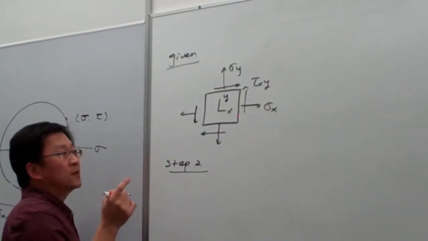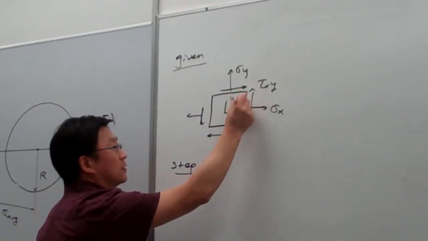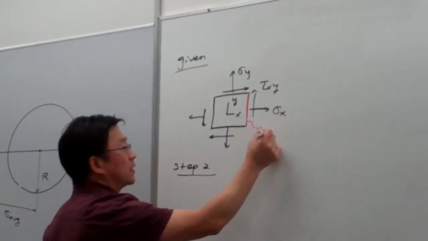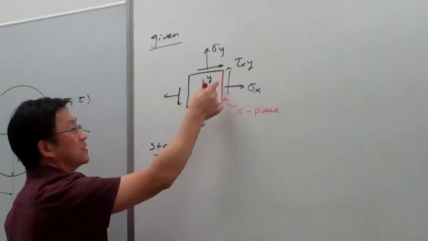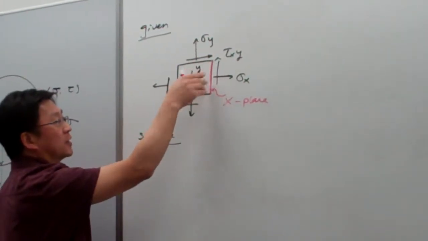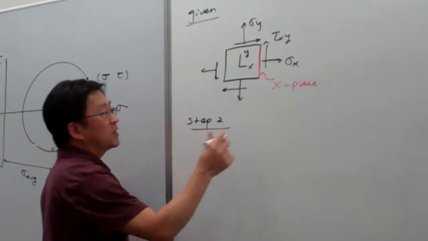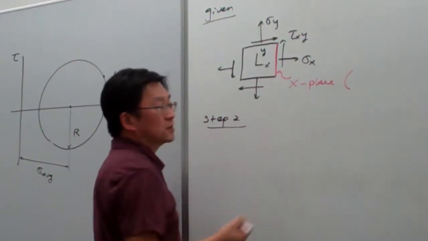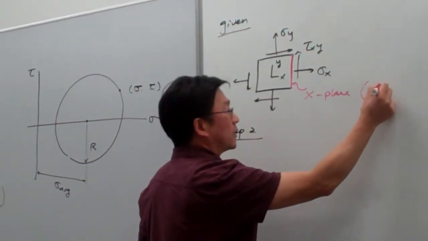We pick up the status of the stress on this plane. This is called the x-plane. We call it the x-plane because this plane is normal to the x direction. On the x-plane, we have the distribution of the stress. One is the normal stress, sigma x.